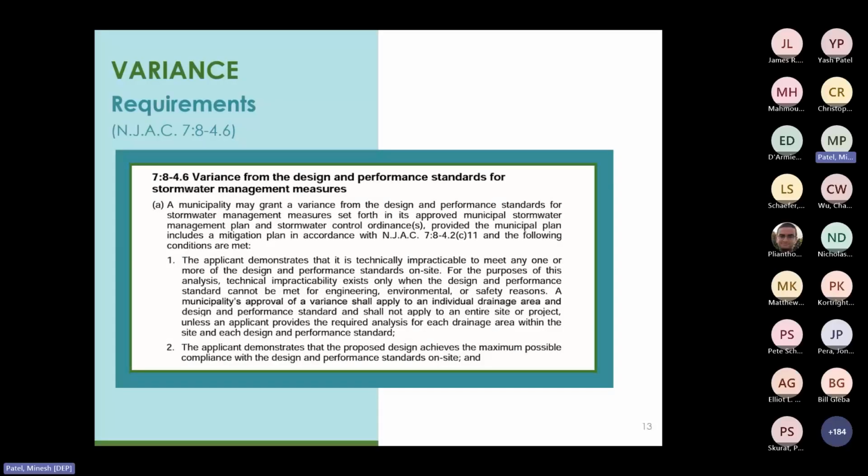What's not shown in this excerpt is item 3, which is about the mitigation plan, which has to be within the same HUC 14 and approved no later than the preliminary or final site plan of the project. Moreover, if the variance is for green infrastructure, then the mitigation plan must use green infrastructure BMPs to manage an equivalent or greater area of motor vehicle surface.